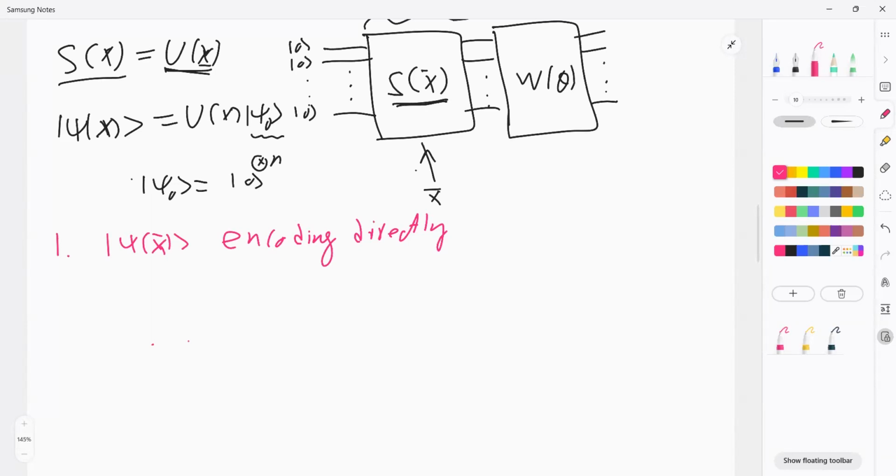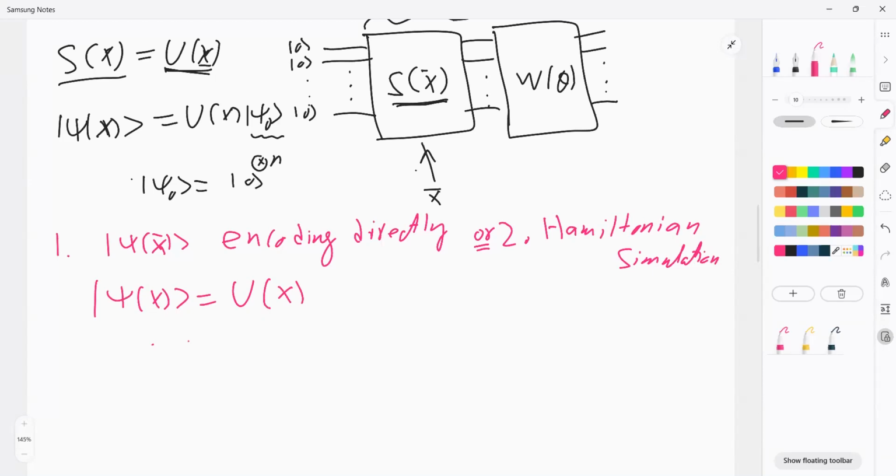Or we can think of data encoding as a Hamiltonian simulation problem in which the simulation time depends on X. So here we have a state. We think of it as encoding the circuit directly.